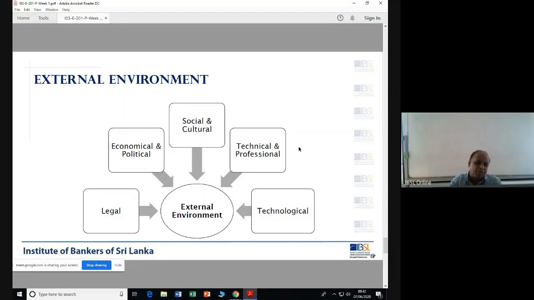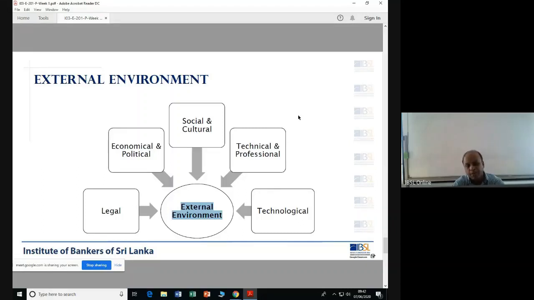The biggest strength of this country is CA Sri Lanka, making these companies provide financial information to the stakeholders, as expected, to a greater extent, to make them aware of the company's state of affairs in terms of financial performance. And likewise, there are many other organizations involved in monitoring business organizations with regard to their external environment.